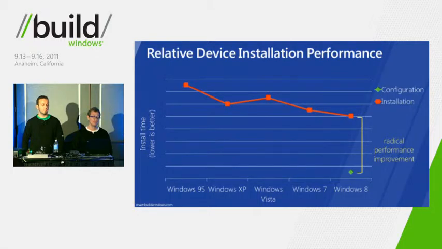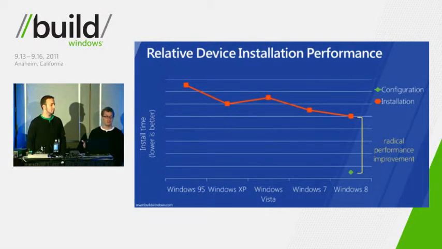So your devices, if they conform to the device configuration requirements, could install in as little as 100 milliseconds or maybe slightly more than that. So it is quite a big difference. And with that, I'm going to let Adam talk us through how the device installation and configuration experiences work.